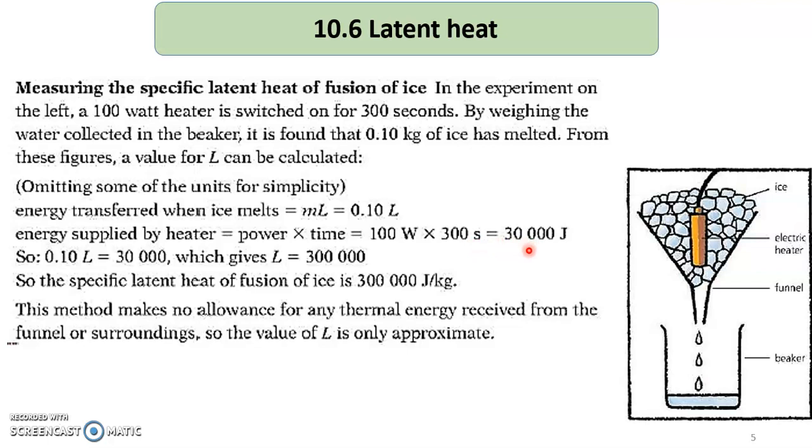So we plug it into the equation E is equal to mL. We want to look for L here, the latent heat. So latent heat is equal to energy divided by mass, which is 30,000 joules divided by 0.1 kg. We get 300,000 joules per kg. That is the specific latent heat of fusion of ice.